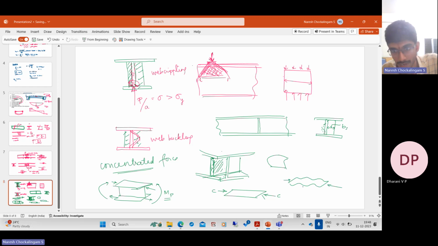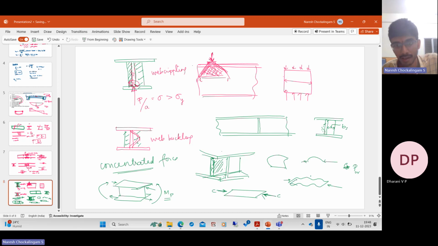Once it locally buckles, it is like a buckled column. What is the axial capacity of a buckled column? It is zero, or it carries only the critical force. If you slightly increase the force, it will deform excessively, so it is useless for carrying any force. The same thing happens to the top flange. Under compression, it buckles locally.